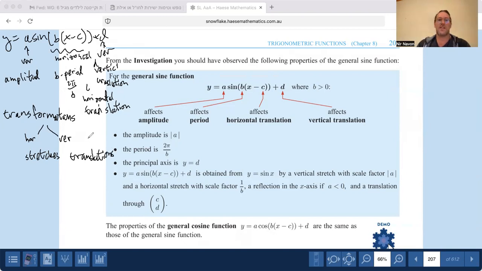Translations keep the same form, but they just change it, move it up or down or left and right. And the stretch, either enlarging it or reduction. So this is good to follow. So we were starting to solve questions. Let's look at them.